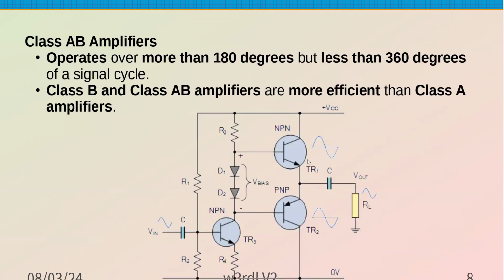Class AB is Class B with the bias changed, so it's biased on all the time slightly. It's enough that it's always on, so it's above the cutoff point. That's the basic difference. So it kind of cancels out the effect of the transition from the positive to the negative part of the waveform.